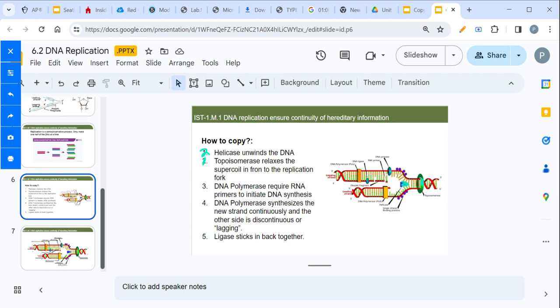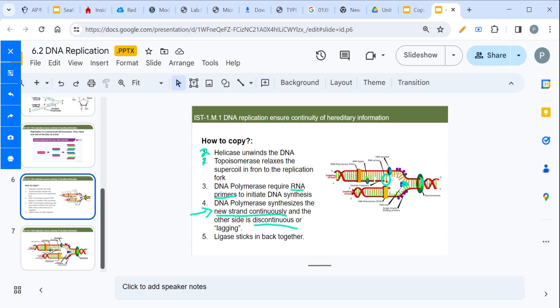Then the DNA polymerase is going to need an RNA primer. Another reason why we think that RNA was probably the original molecule used for all genetic information is that we use RNA primers in order to make this happen. So you're going to have some kind of RNA primer right here for the DNA polymerase to latch onto, and then it's going to synthesize the DNA, one half at a time. One strand will be continuous, which is your leading strand, and the other one's discontinuous, which is your lagging strand.